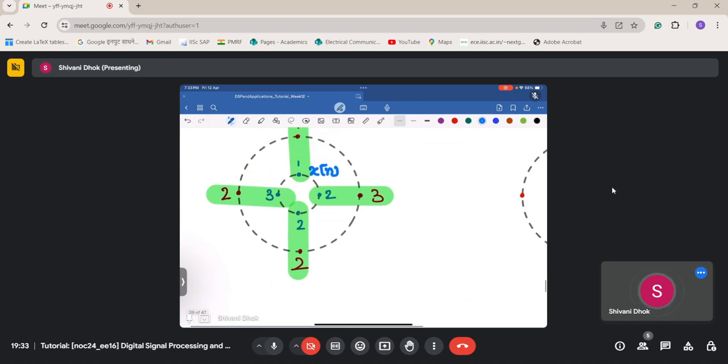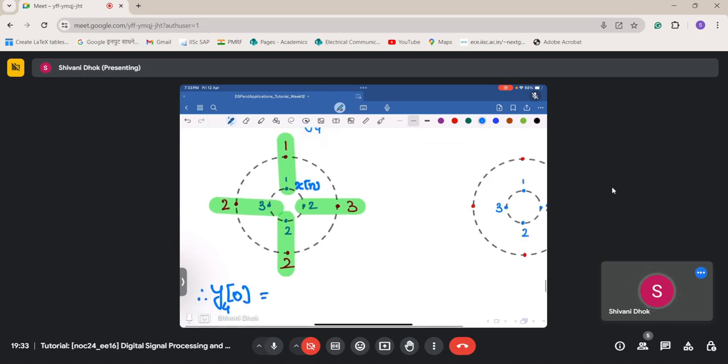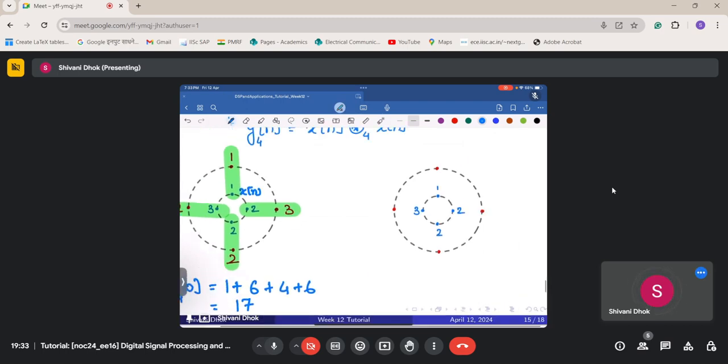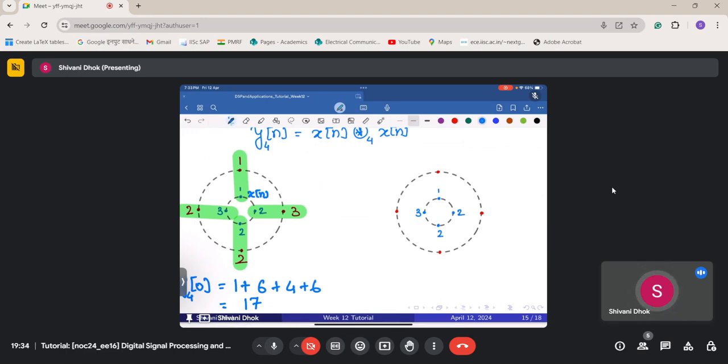Therefore y4 of 0 will be equal to 1 into 1 plus 2 into 3, that is 6, plus 2 into 2, that is 4, plus 2 into 3, that is 6. So this comes out to be equal to 17. Now I'll have to shift it by a unit.